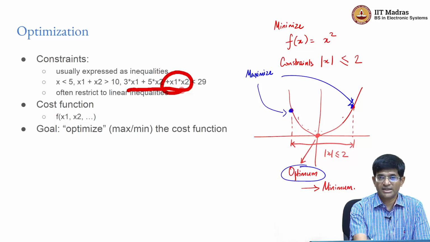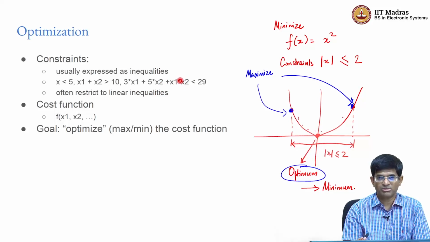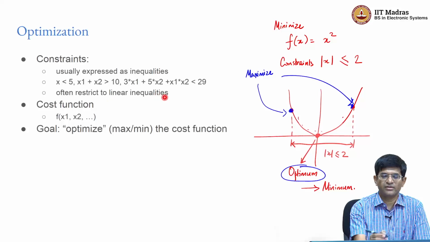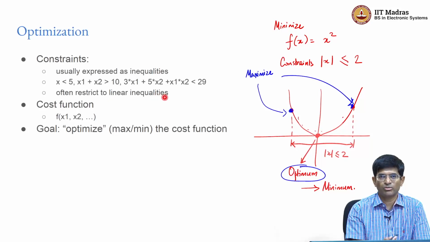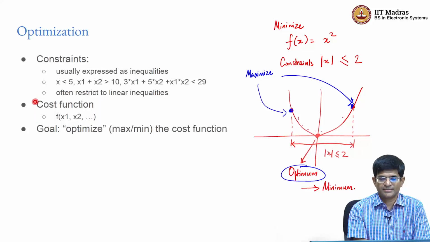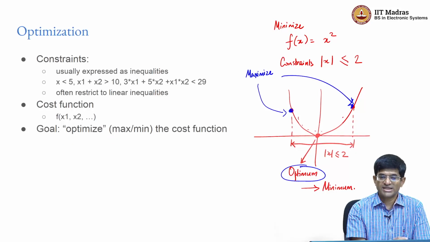It's valid, there's no problem with having such an inequality, but in a lot of cases it makes the problem a little harder to solve. Not impossible, but harder. So in a lot of common scenarios we end up with sets of linear inequalities and we want to solve a certain cost optimization under those constraints. Our goal is basically to optimize the cost function. So this is the generic definition of optimization.